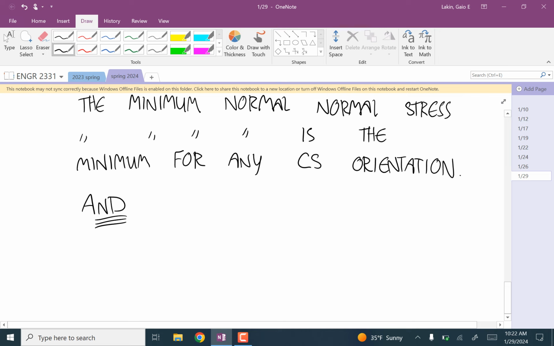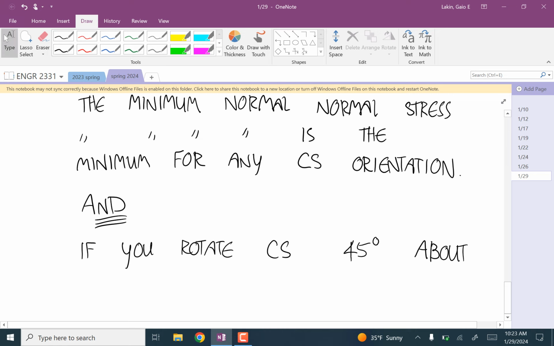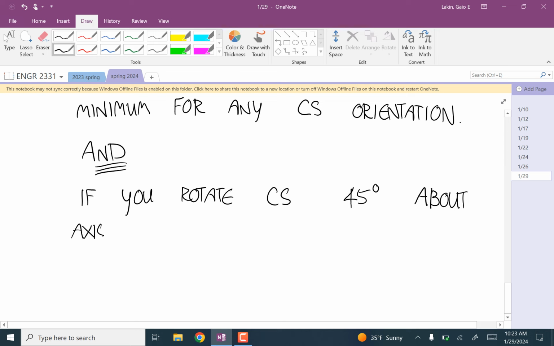One more thing, this is hard to word, let me think. If you rotate the coordinate system 45 degrees about the axis associated with that middle normal stress.